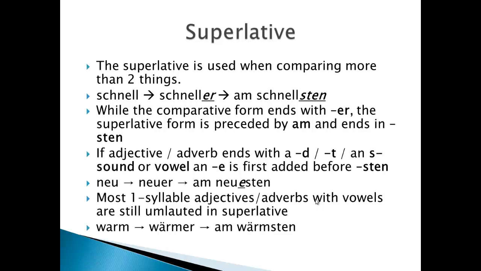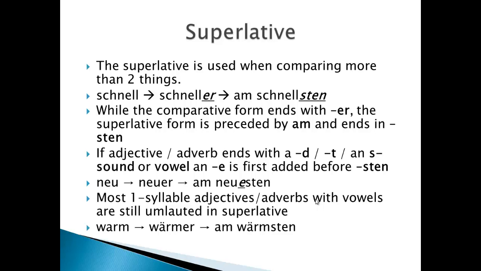Zum Beispiel neu, new, ends in a vowel. So here we have neu, comparative form becomes neuer, and the superlative becomes am neuesten. Another example for an adjective would be alt. It ends in a T: alt, älter, am ältesten.